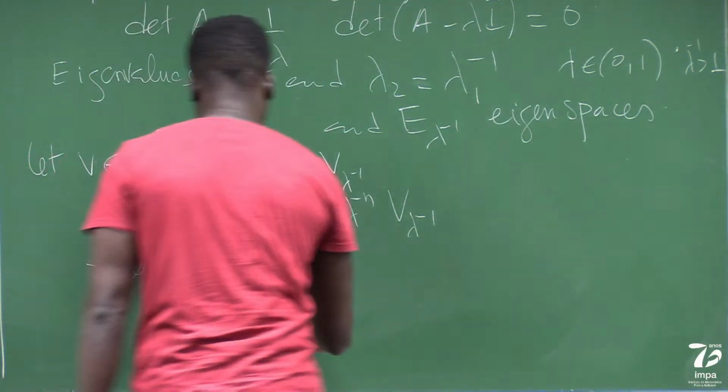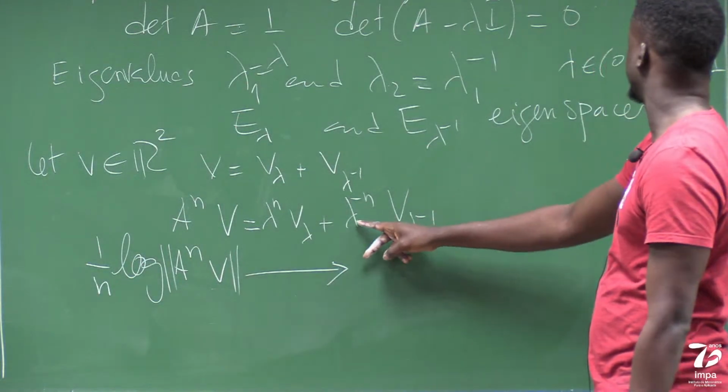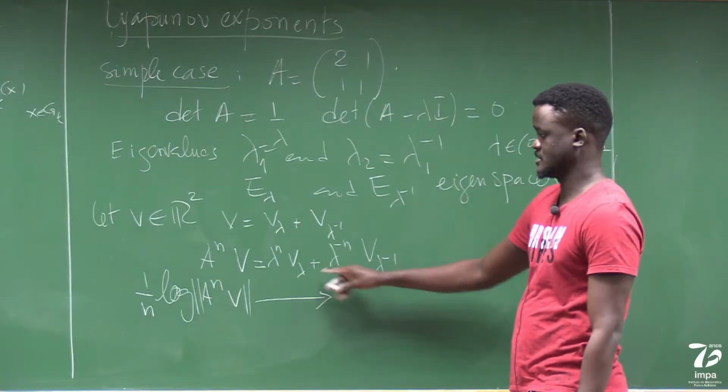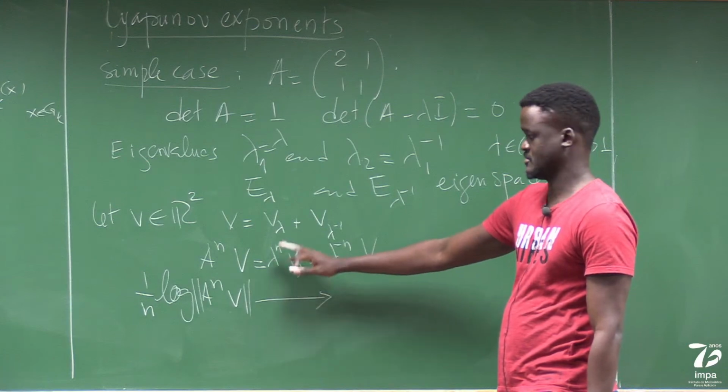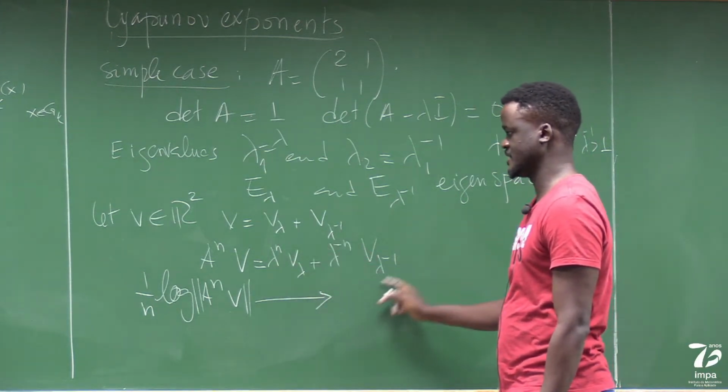It is going to the bigger one, because the other term goes to 0, so this one dominates.